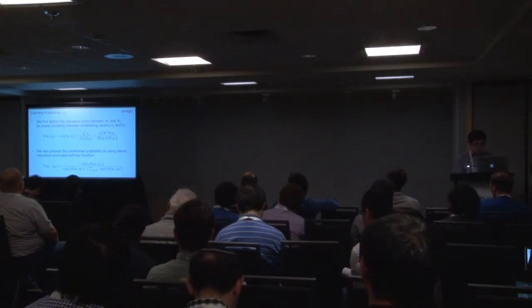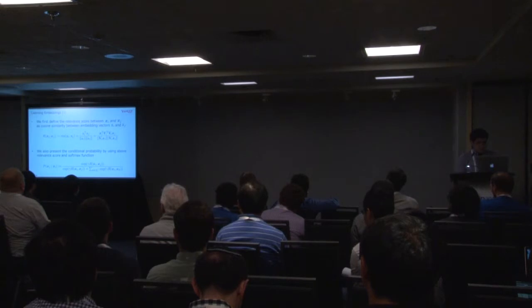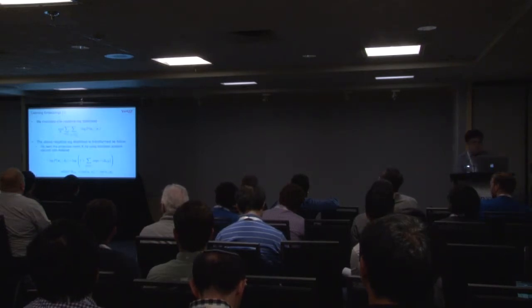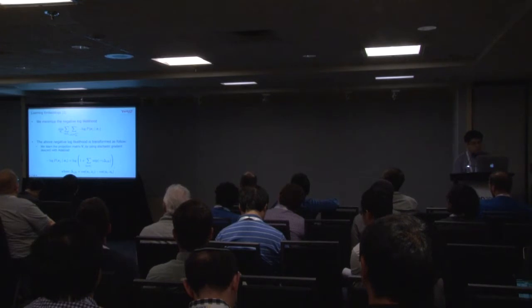Xk is randomly selected from data points in the partition C. Gamma is a scaling parameter. To learn the projection matrix VC, we minimize the negative log likelihood. The above negative log likelihood is transformed like this and optimized by using SGD with adequate learning rate scheduling.